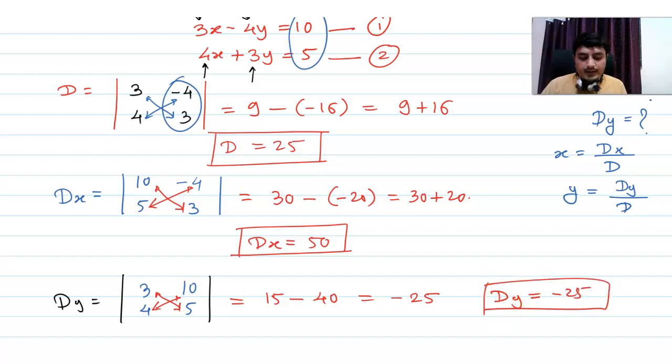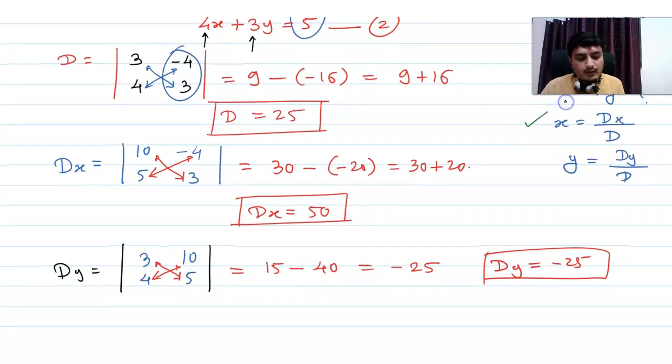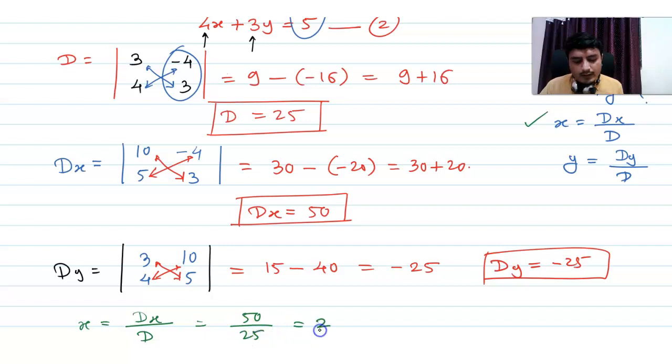Now our target is to evaluate the values of x and y. So the fourth step of our flowchart, we have to evaluate the value of x. As per Cramer's rule, the value of x is Dx divided by D. Dx value is 50, while D value is 25. 25 twos are 50, so we get the value of x as 2.